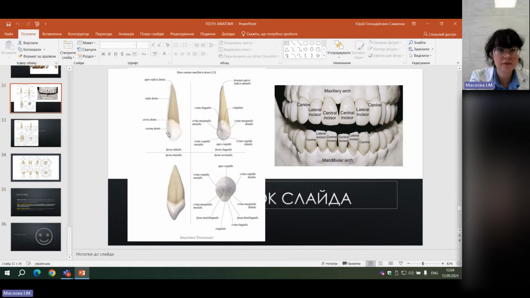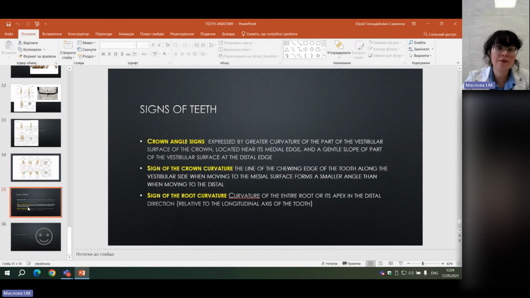This is the crown angle curvature. The line of the chewing edge of the tooth along the vestibular side, when moving to the mesial surface, forms a smaller angle than when moving to the distal.